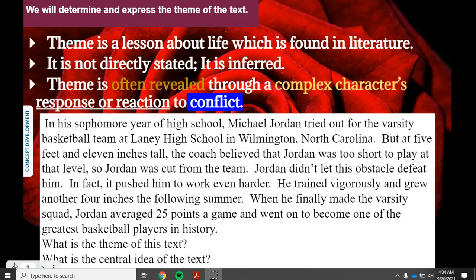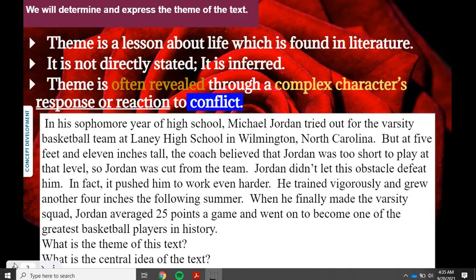In fact, it pushed him to work even harder. He trained vigorously and grew another 4 inches the following summer. When he finally made the varsity squad, Jordan averaged 25 points a game and went on to become one of the greatest basketball players in history.